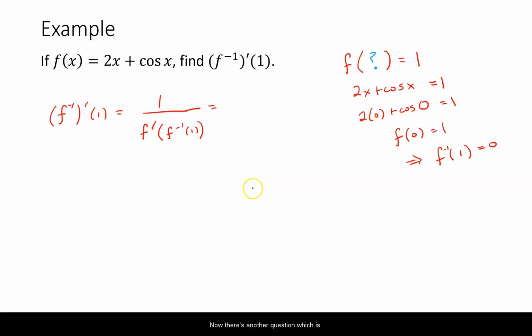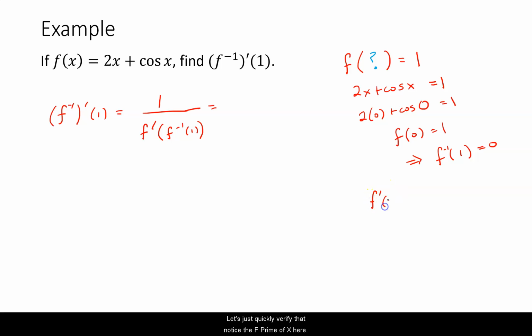Now there's another question, which is: is this the only answer? Is this the only value of x that will equal 1? So in other words, is this function 1 to 1? So one way you could verify that this is in fact 1 to 1 is to show that it's always increasing. Let's just quickly verify that.